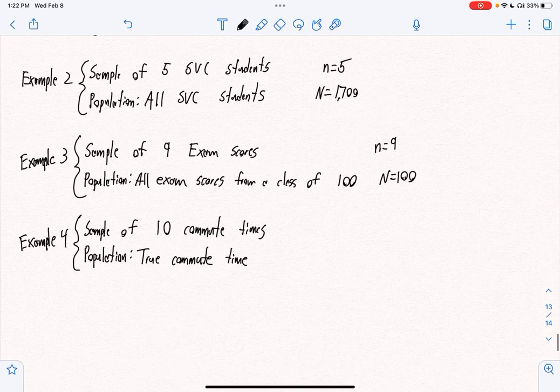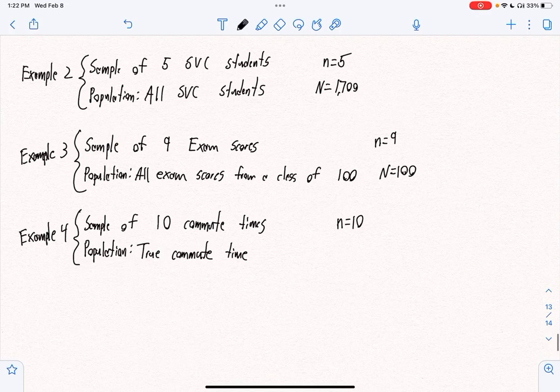And then down here, my sample of 10 commuting times. So little n is equal to 10. That was 2 weeks of commuting. And I would be interested in what my true commute time is. So I've lived in my current apartment for about a year, and there's 52 weeks in a year. So 52 weeks times 5 work days in a week would be 260.